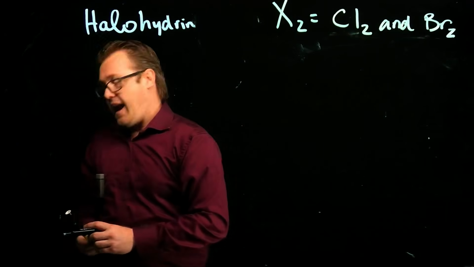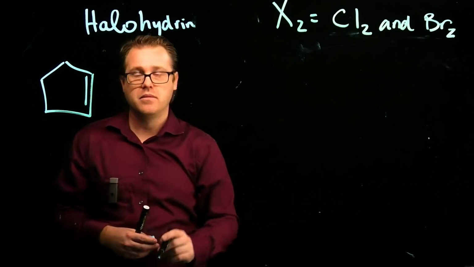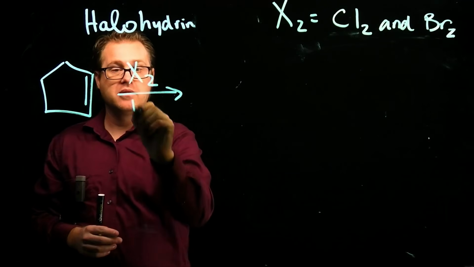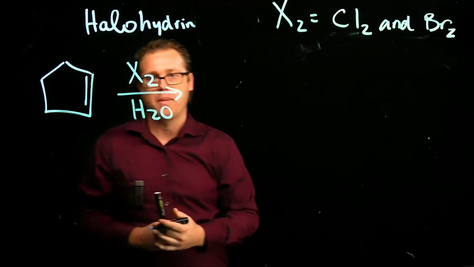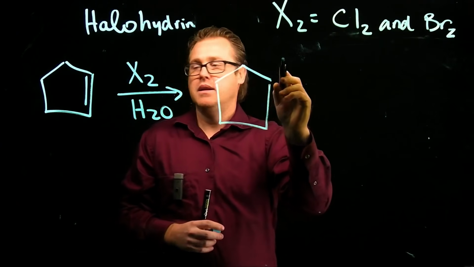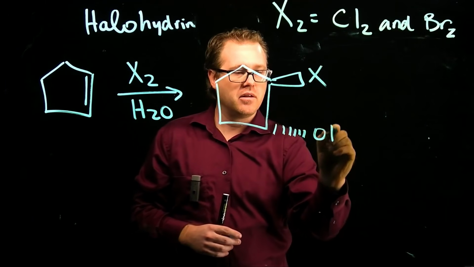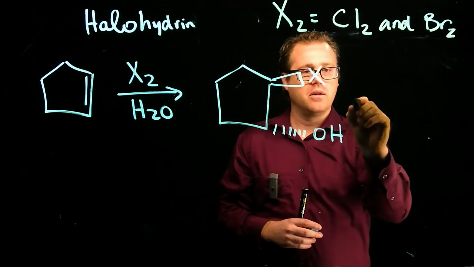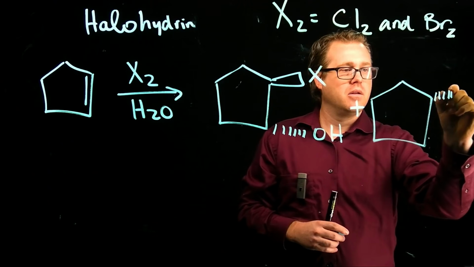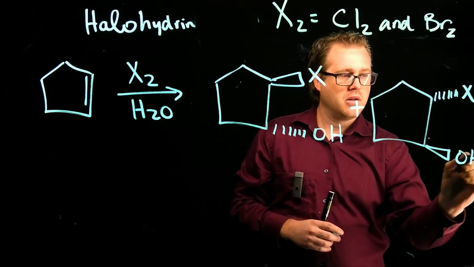is when you take an alkene and treat it with a halogen plus some water. And what you're going to get is a product that looks like this, or this.